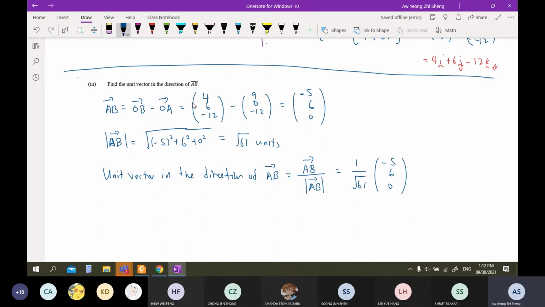Okay, this question, part C, they are not forcing us to write it in terms of IJK. And so it's actually okay to leave your answer in this form. Well, if you still want to convert into in terms of IJK, of course you can do that conversion. It's a simple conversion. That's minus 5 over root 61 i plus 6 over root 61 j, if you like.